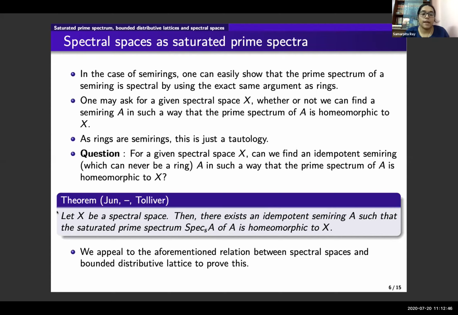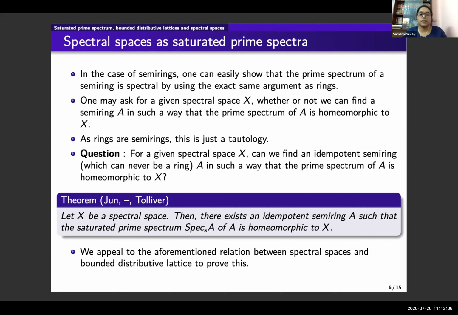For this, we appeal to Johnstone's understanding of the connection of bounded distributive lattices with spectral spaces. Hochster's techniques didn't work for this.